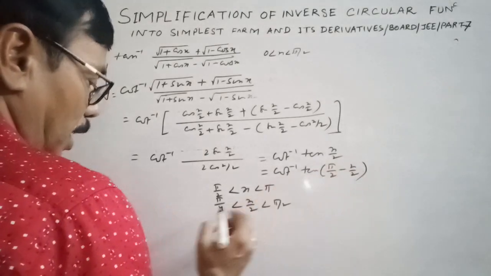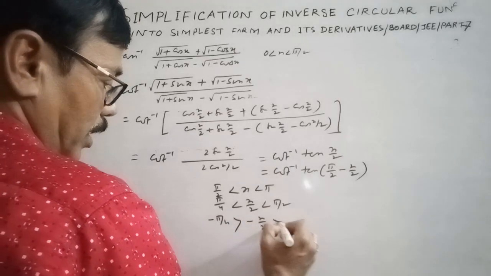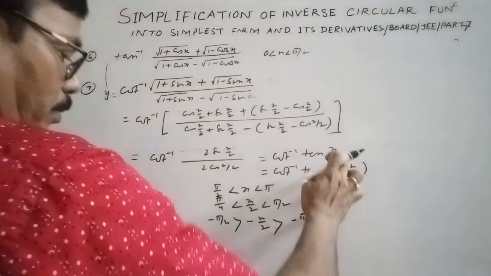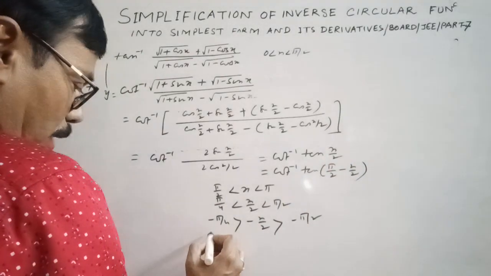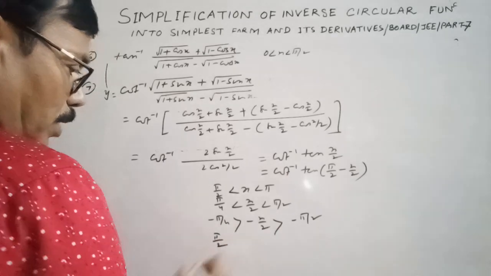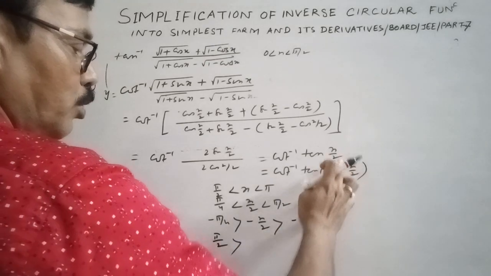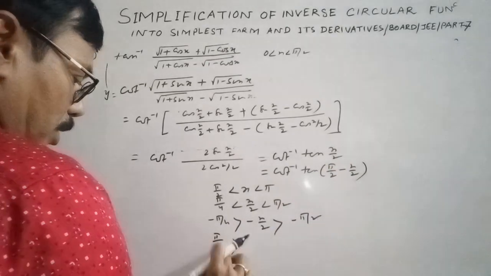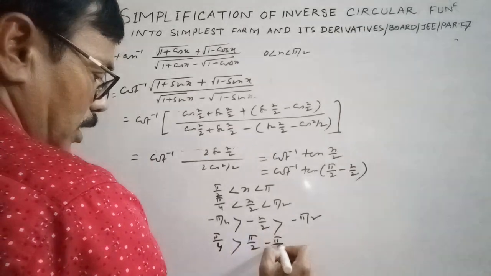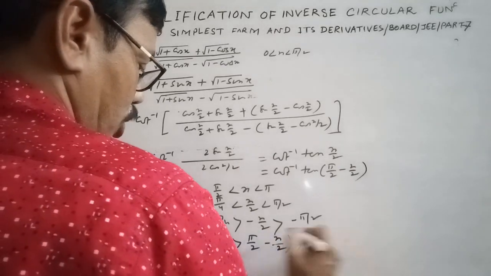So multiply by minus: minus pi/4 is greater than minus x/2 greater than minus pi/2. Now add pi/2: pi/2 minus pi/4 is pi/4, so pi/4 is greater than pi/2 minus x/2 greater than 0.